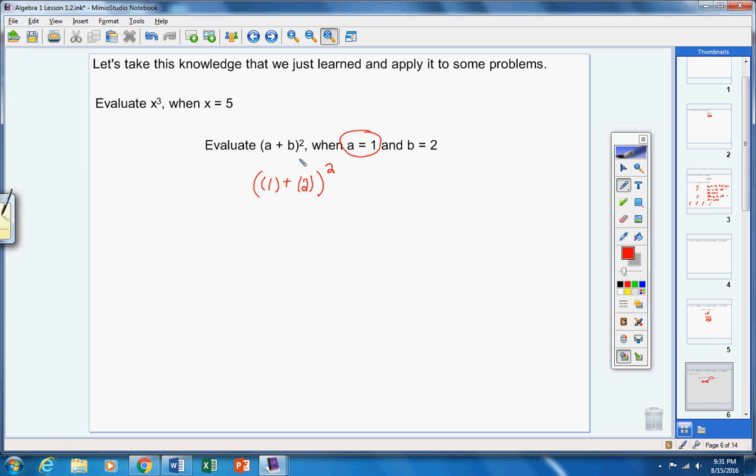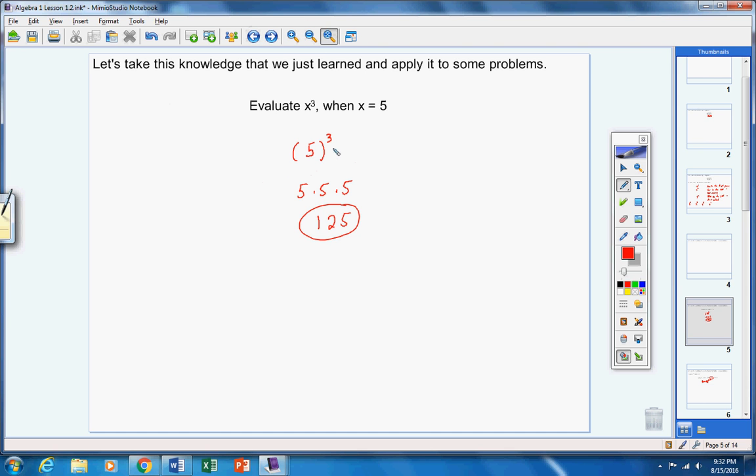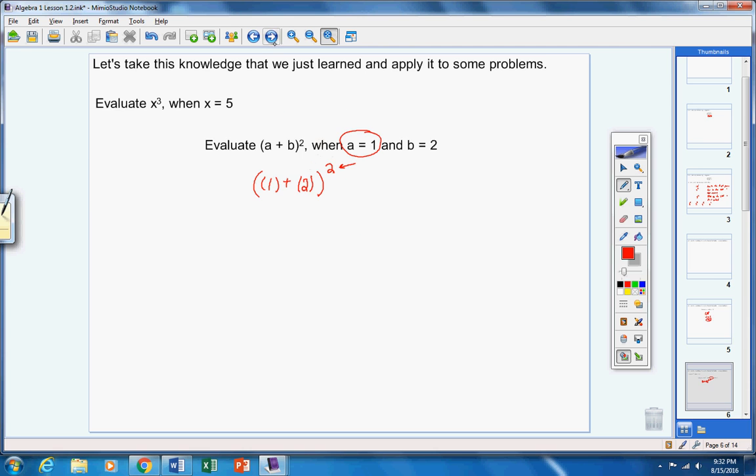Okay? Now, hopefully you guys know by now you don't want to do anything with this power until you first simplify inside the parentheses. In other words, look back at the last problem. We had one number inside the parentheses that we were taking to the third power. One number. Look at this problem. We've got two numbers. We don't want to do that.